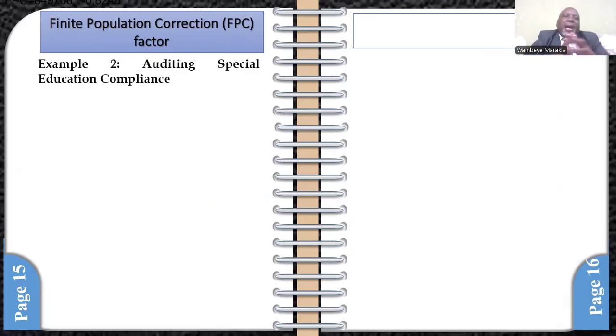Let me bring another example, also for planners and policy implementers. This example I'm drawing from auditing special education compliance.